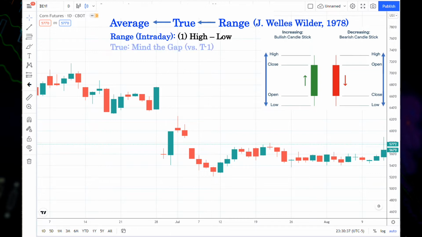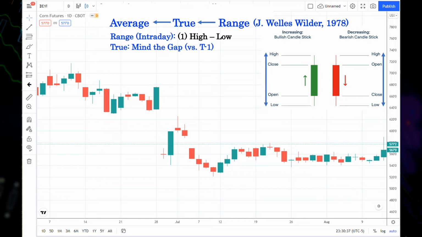The word true indicates that the intraday range can be misleading, in other words, untrue, if we want to know the more fundamental or more meaningful range of the possible price movements. This is because quite often the asset that we are interested in can experience overnight jumps, leaving a gap between two consecutive days.